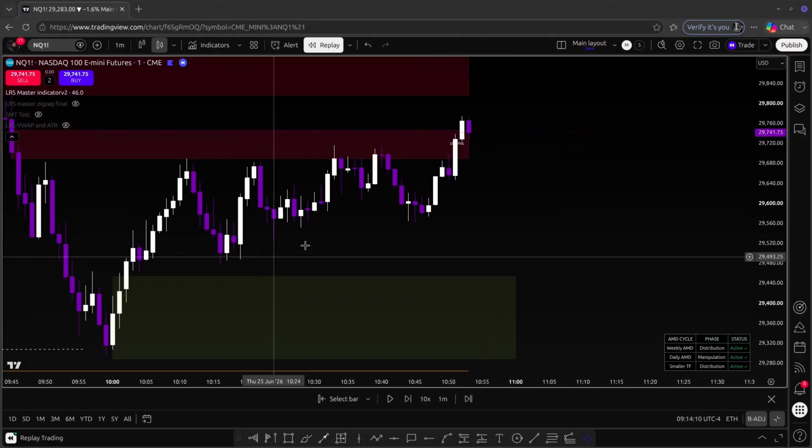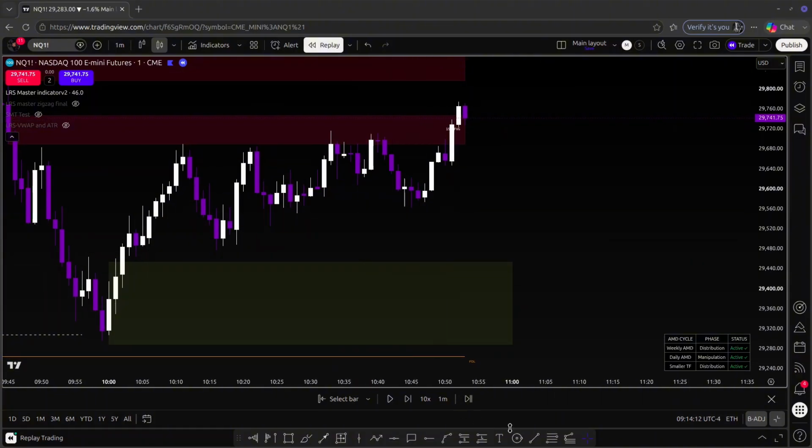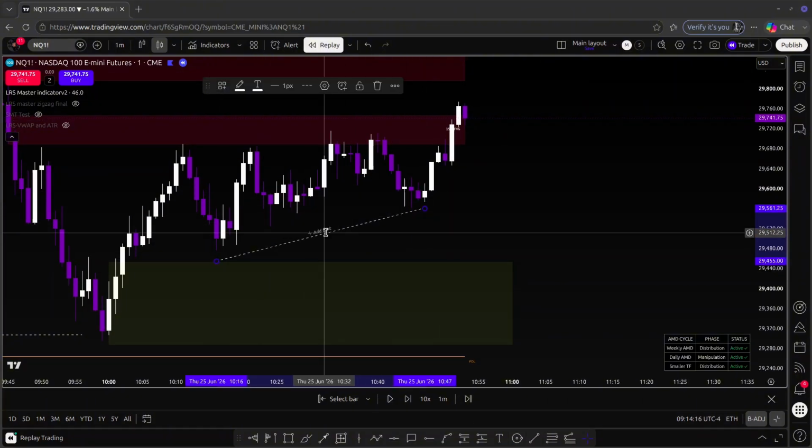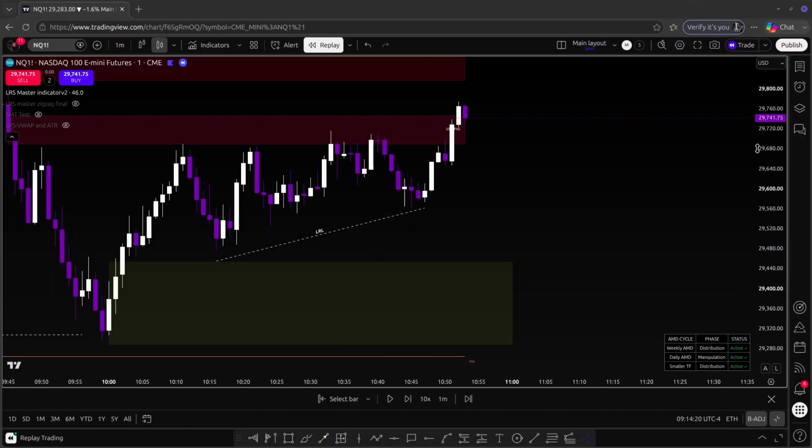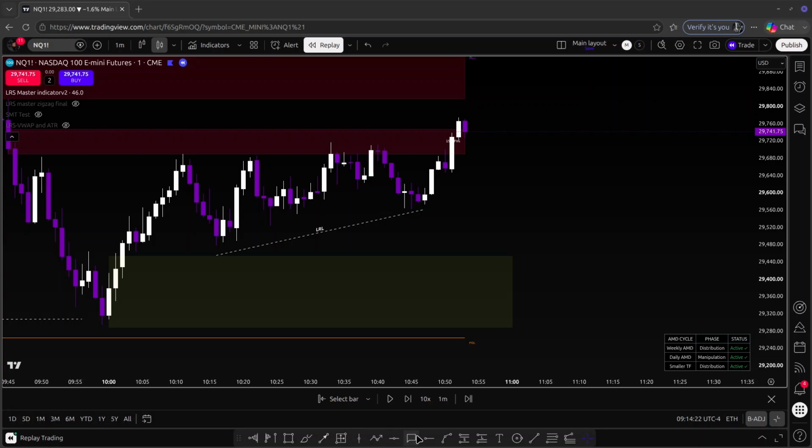However, what was I looking at right here? I could clearly see these low resistance liquidity being generated. So at this time I thought, okay, maybe the market would like to sweep that sell side liquidity.